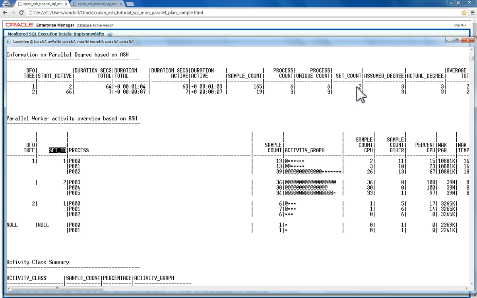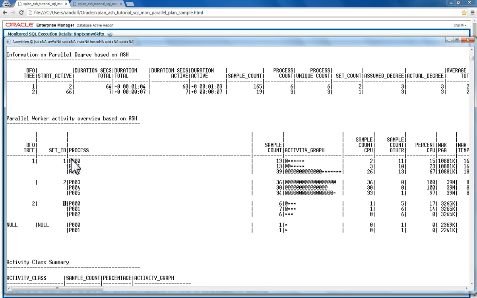So each DFO tree, as I explained in the previous part, has either 2 or 1 sets, and therefore we can see here that this DFO tree number 1 consists of 2 sets, and therefore the processes are organized here in set number 1 and set number 2, whereas the second DFO tree for this parallel execution plan only consists of a single parallel slave set, and therefore we only see this single set here.